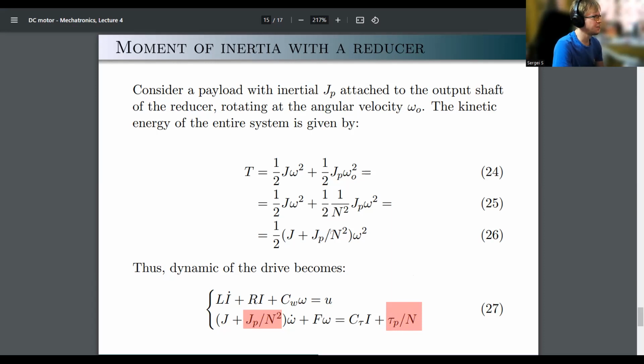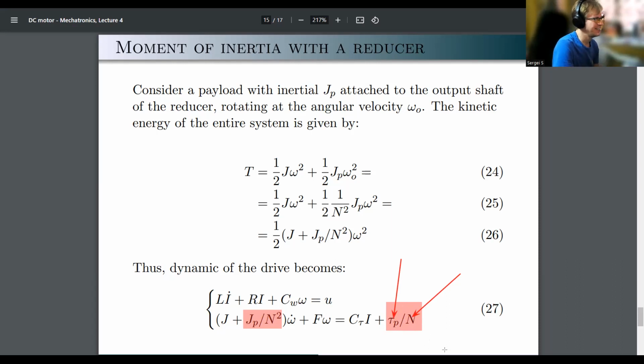Especially if we don't know those torques in advance, and we want them to be kind of close to negligible, high reduction ratio would do that. So for example, if you can expect 100 newtons here, plus or minus 1 newton, right? So 100 newtons is what you expect, plus or minus 1. This plus or minus 1, if it is divided by, let's say, a factor of 100, it will be plus or minus 0.01.